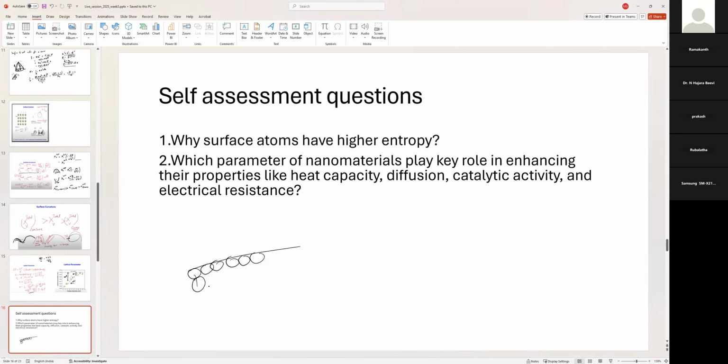They are pulled in this direction, this direction, this direction, but nothing on the top. So they have higher freedom to move, and higher freedom results in higher entropy. Since there are fewer bonds, they have more freedom to move.